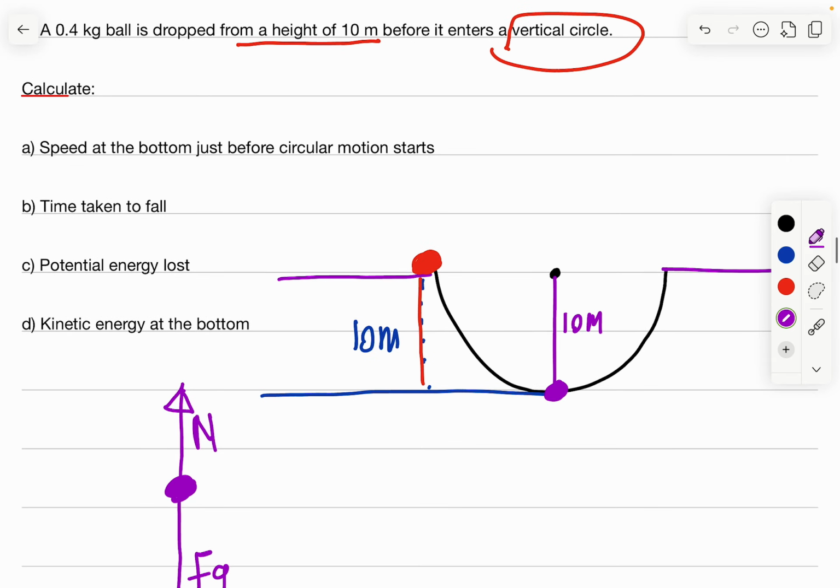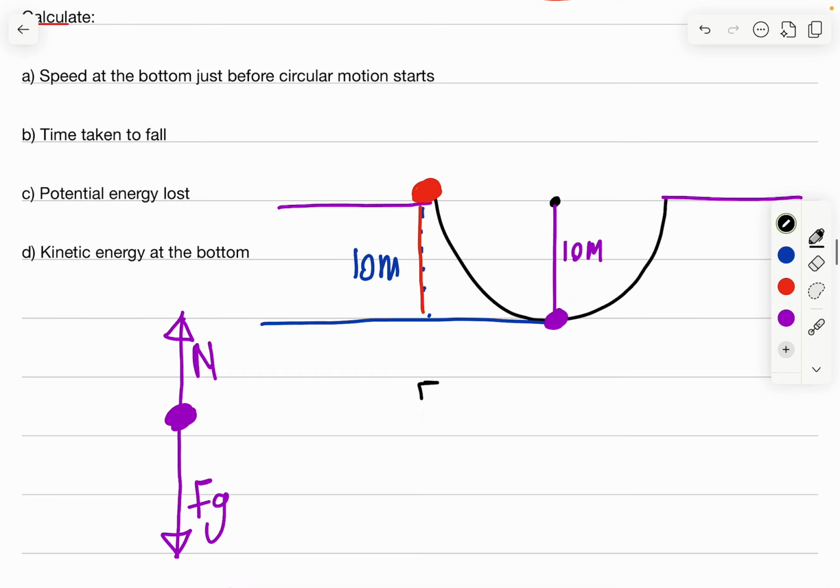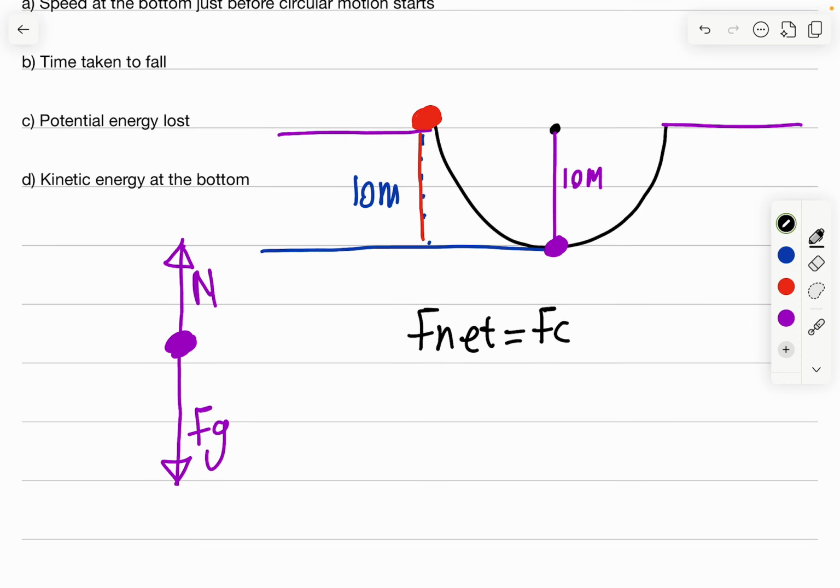So let's see what we have that can help us. We know that F net equals the centripetal force. The force that is going to the origin of the circle is the one we are going to choose to be positive.